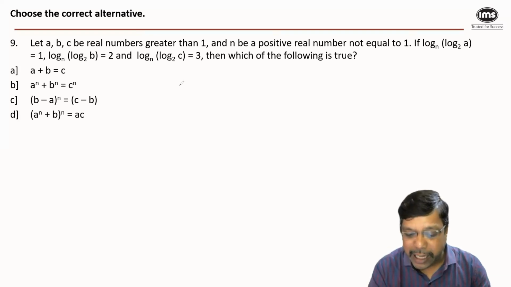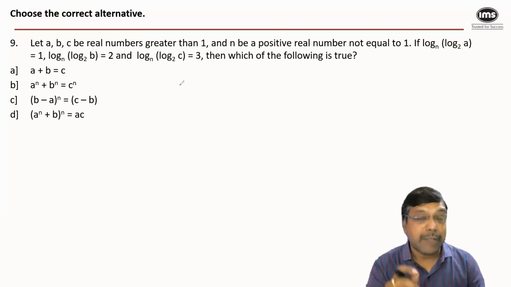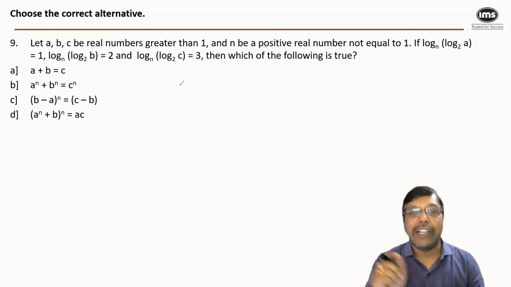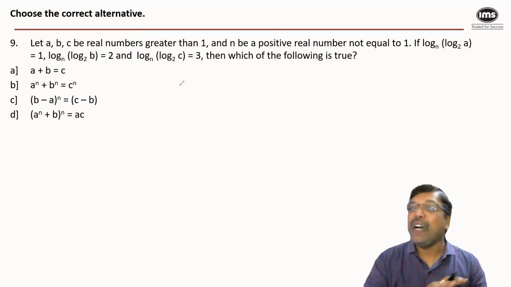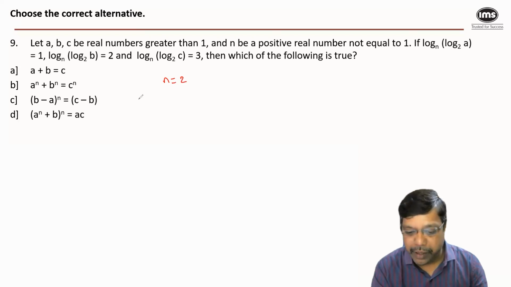Suppose if I take, normally I would have taken n as 1, but in the question it's mentioned explicitly that n is a positive real number not equal to 1. So if I take n is equal to 2, then the first expression, log log a base 2 base n is equal to 1.